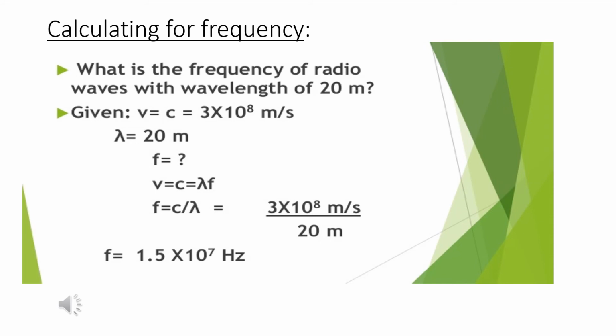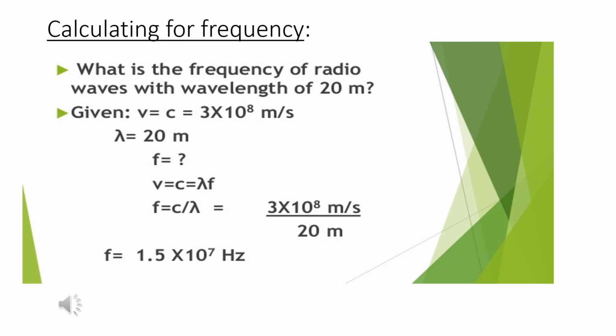And how do we get frequency? We said frequency equals wave speed divided by the wavelength. Simple. V over wavelength. So what's V?